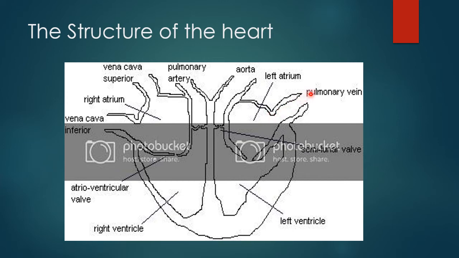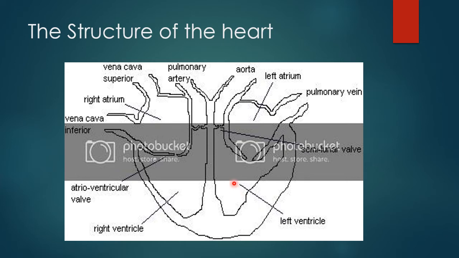The pulmonary vein carries blood from the lungs to the heart, into the left atrium, or you call it left auricle. From there, the valves on the left, called bicuspid valves, open and blood enters the left ventricle.